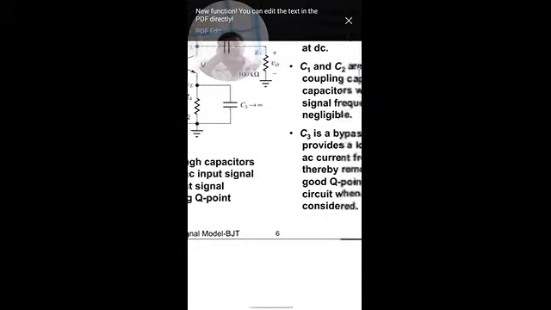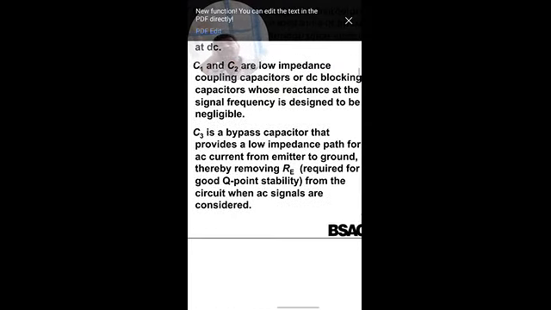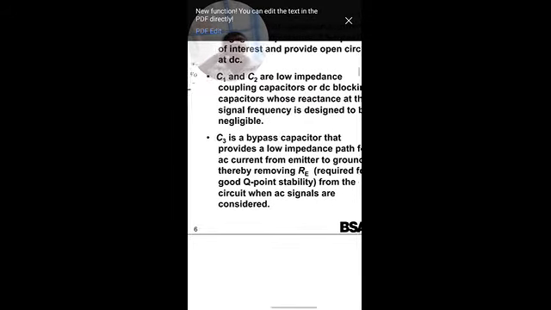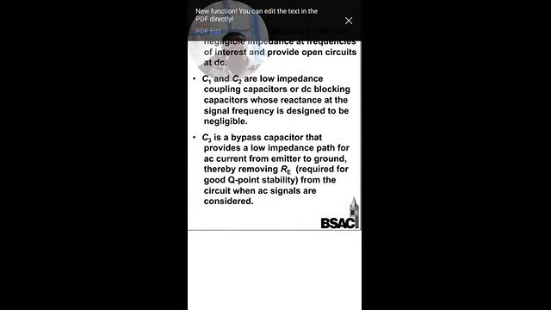C3 is a bypass capacitor that provides a low reactance path for the amplified AC current from emitter to the ground, thereby removing RE. Actually, if current flows through the RE, it produces a negative feedback, which reduces the gain.